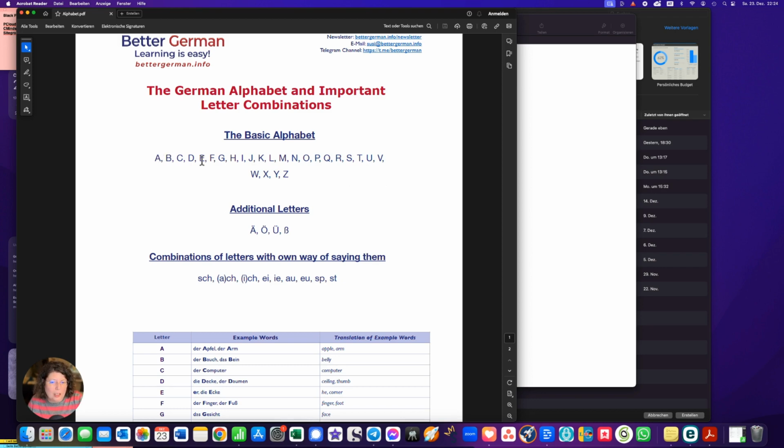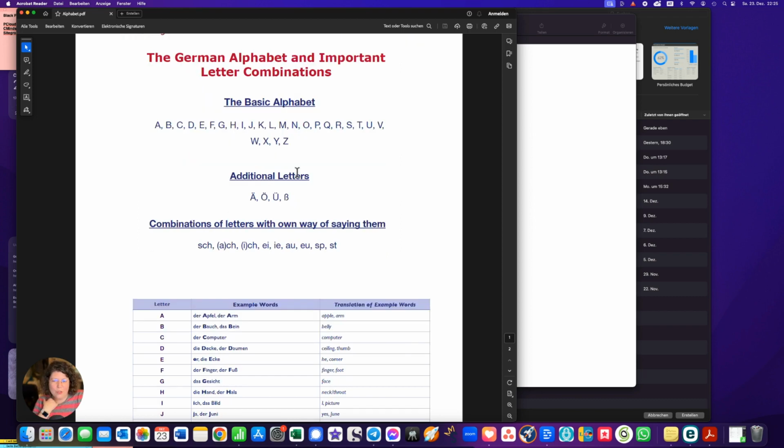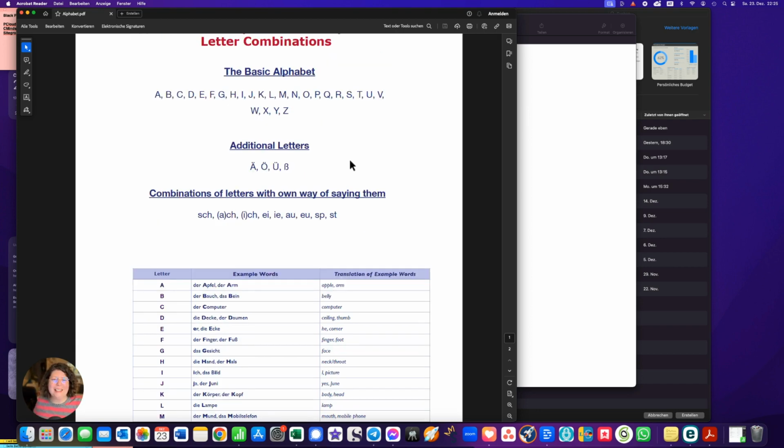You can look at the letters, but you should be able to say them by yourself. So there is going to be a video about the alphabet where we're going to look specifically at all the different vowels and the different ways of pronouncing them. And I'm going to tell you a little bit more of the vowels and we're going to practice them.